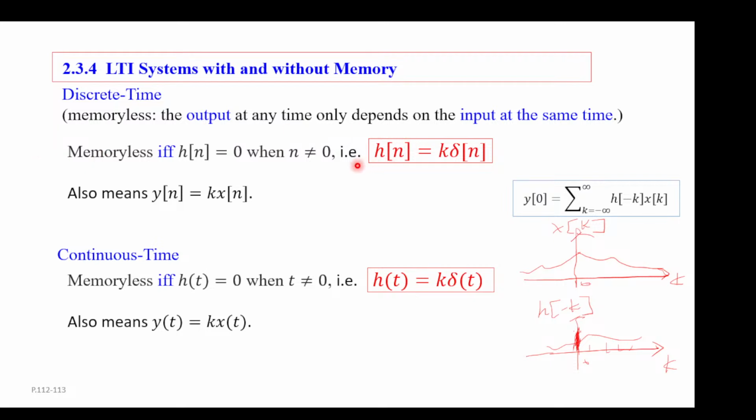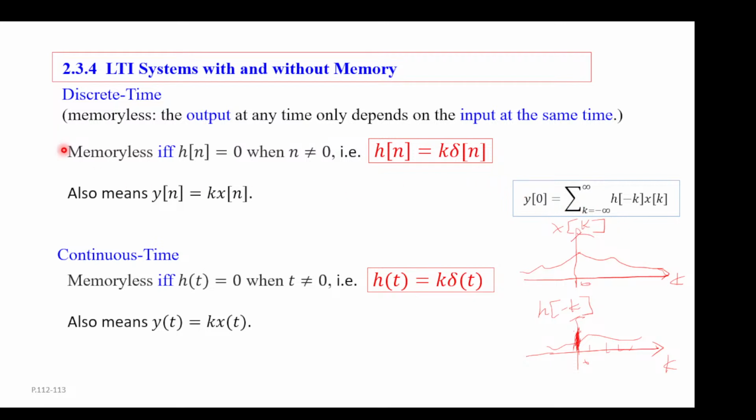That means for the discrete case, the system function is just one spike at n equals 0, and let's call its height k. So the impulse response is just some constant k times the unit impulse delta of n. And we can derive this result like this.